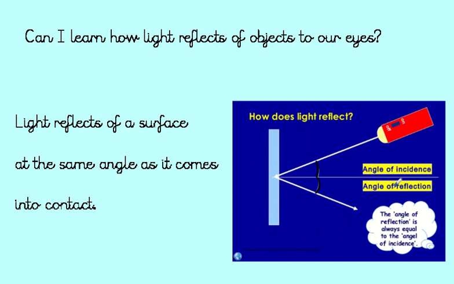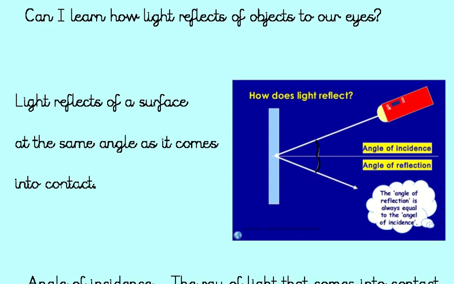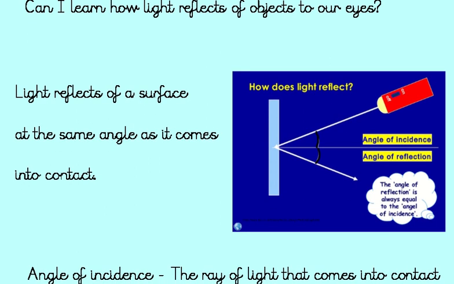And the angle of reflection is always, as it says, equal to the angle of incidence. So the angle of incidence is the angle that the light beams onto an object, and the angle of reflection is the light that beams away from the object, or the light that reflects off the object.